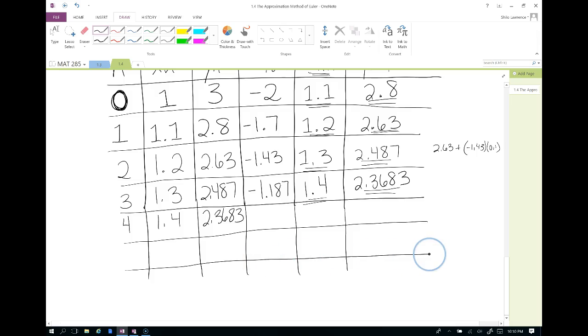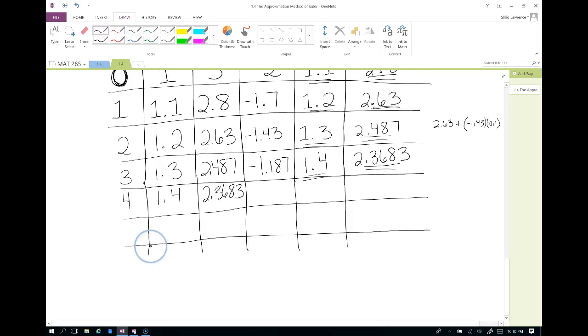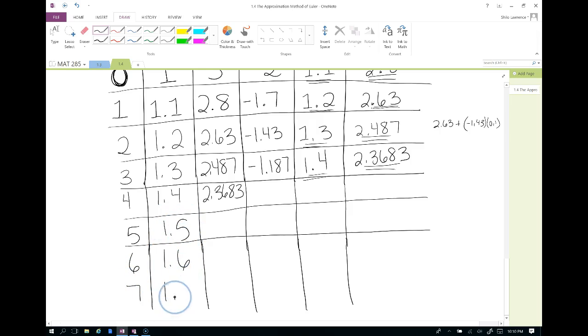And we need to get all the way down to, I'm going to fill the easy stuff in so you can see where we need to stop. We need to go until x sub n plus 1 says 2.